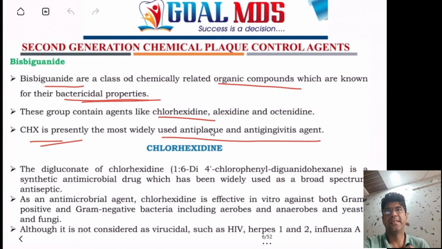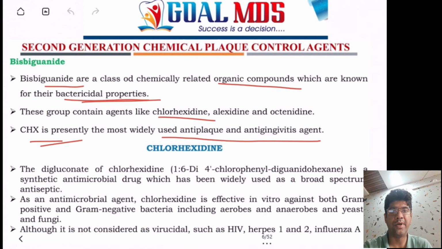Other are the second generation chemical plaque control agents. The example is chlorhexidine. So they are known for their bactericidal property. Chlorhexidine is a widely used antimicrobial agent. It is known for its potent antimicrobial properties.